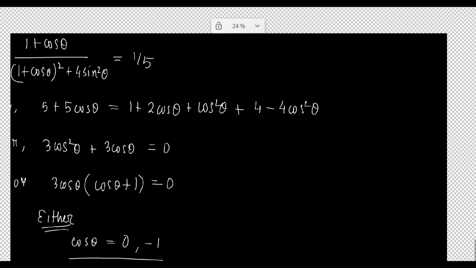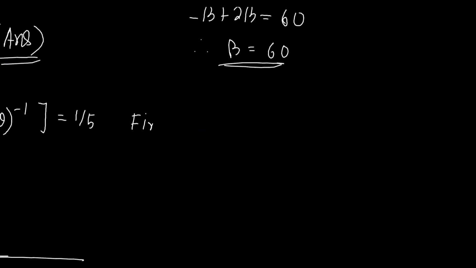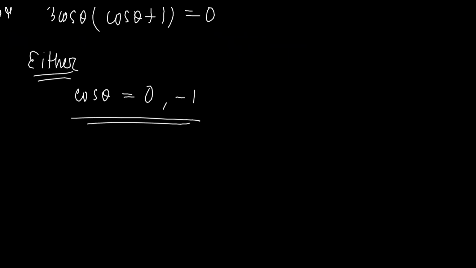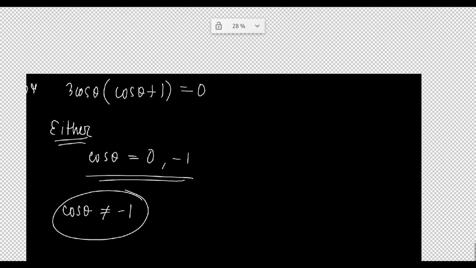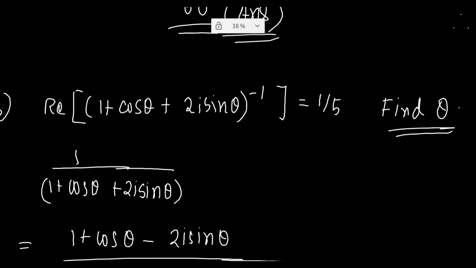Now the question was that we have to find theta. Here is a very important observation: cos theta cannot be minus 1. Why? Because you see the question, it is 1 plus cos theta. If cos theta is minus 1, then it will be 1 minus 1 plus 2i sine theta.